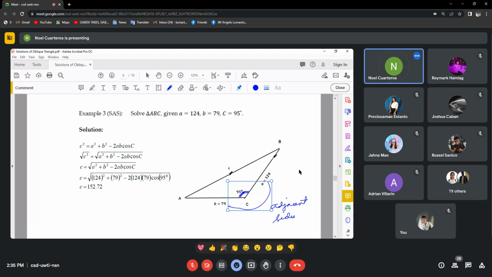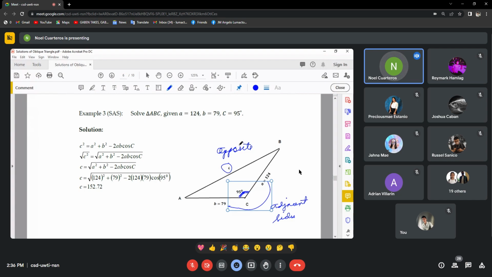Take note, this is not the same as the right triangle's adjacent and opposite, and hypotenuse. In an oblique triangle, there is no hypotenuse. These two sides will be called adjacent sides, and this one will be called the opposite side.